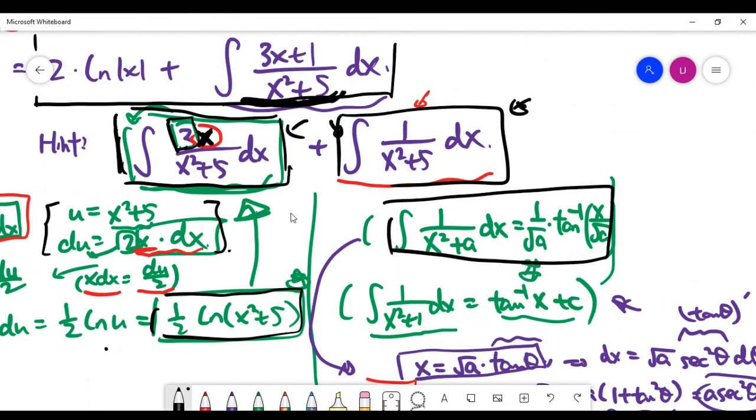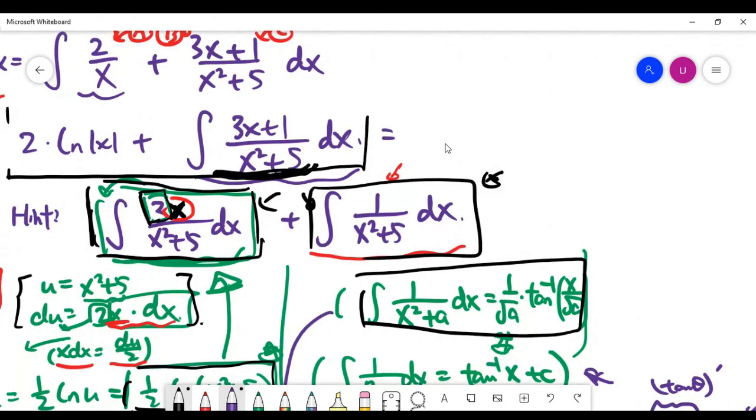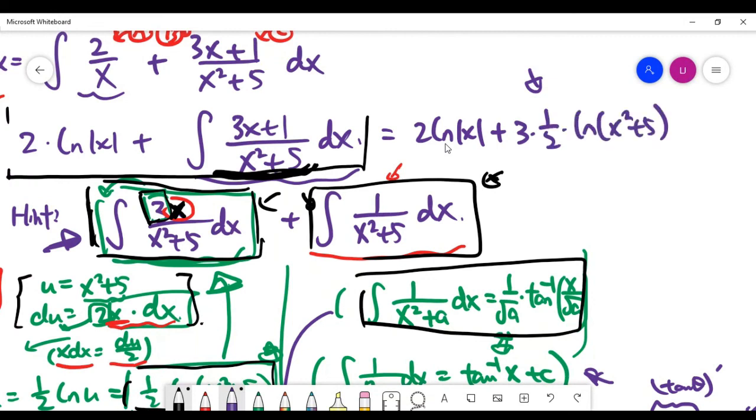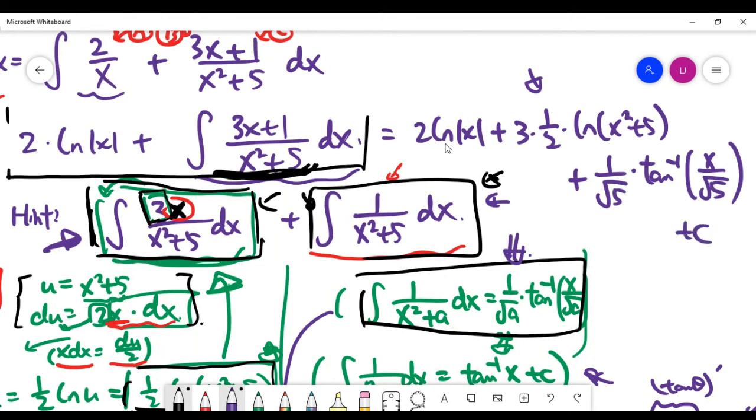So the whole answer is that for this second term, it is the same as this box. It's 3 times half times ln of x squared plus 5. And the third term, which is the integral of this, I'll use this formula now. It is the same as 1 over square root of 5 times inverse tan of x over square root of 5. And that's the answer to this problem.